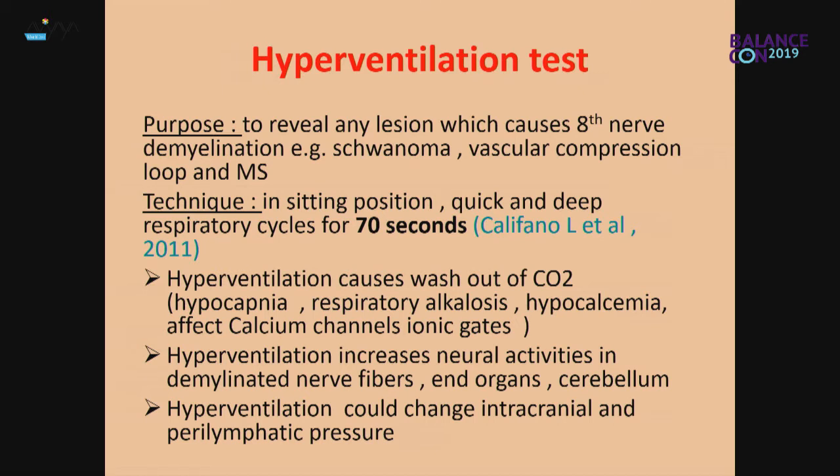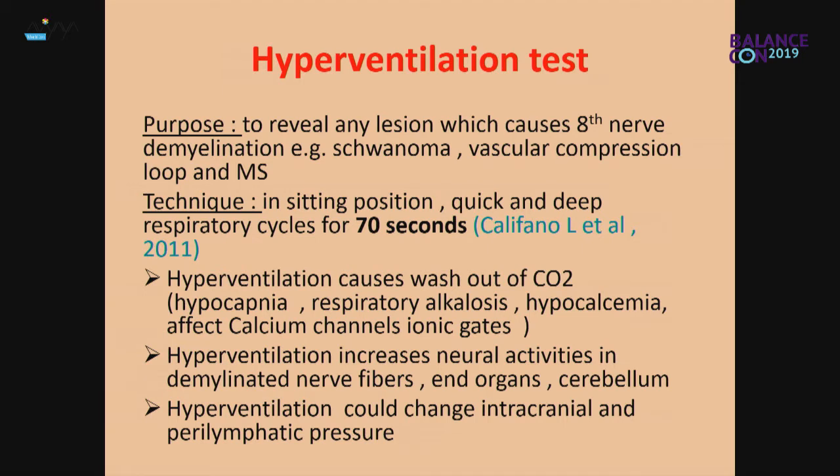Perfect. That's very good. I found a very nice article from Luigi Califano, one of our good Italian friends and one of the active members in our Facebook group. He wrote a very good article on hyperventilation test. I recommend it for you.